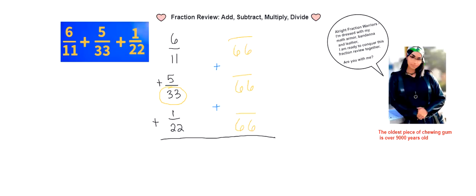So 22 times 3 is 66. And 1 times 3 is 3. 33 times 2 is 66.